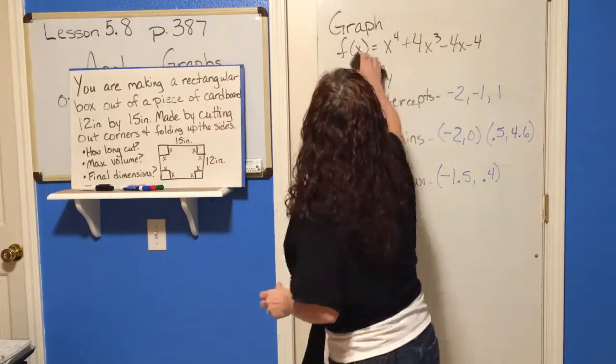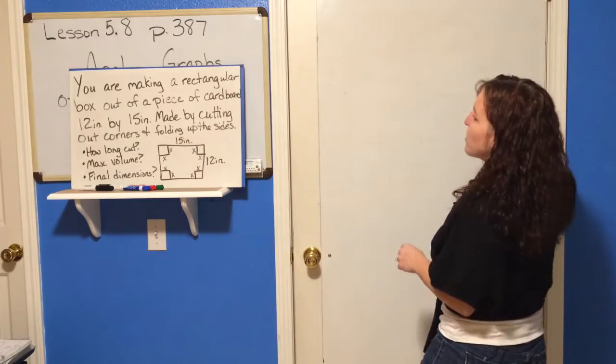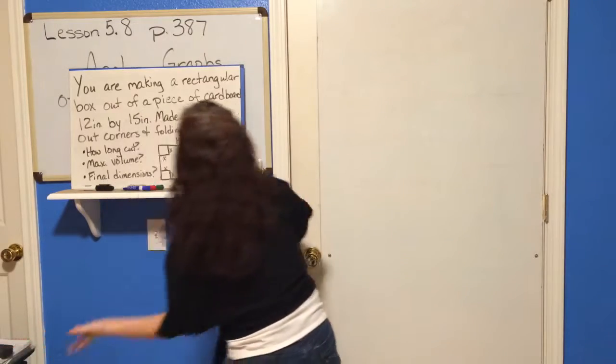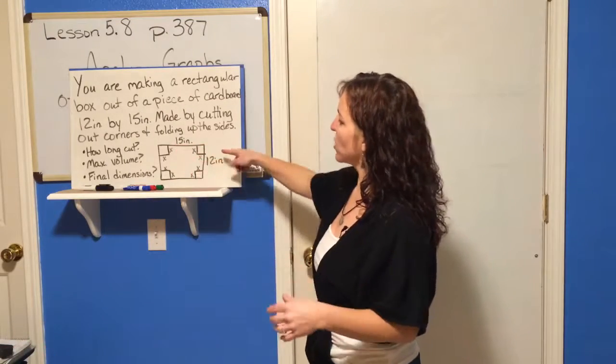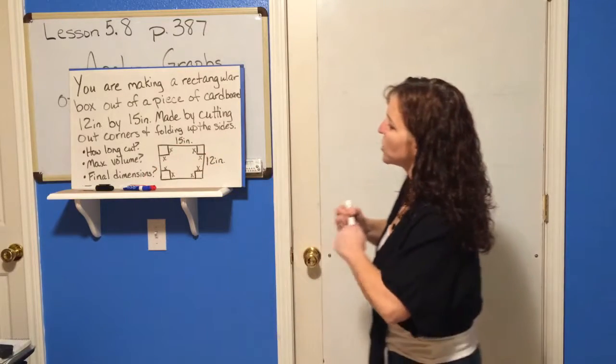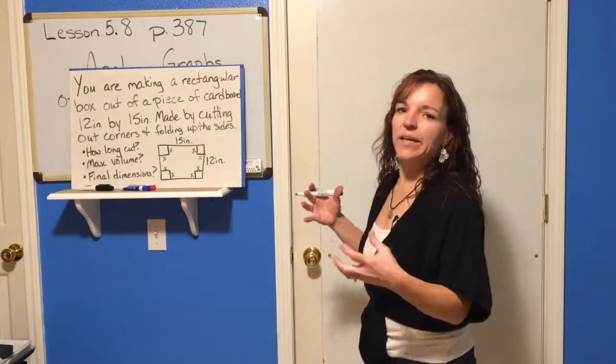So what this will look like then, the word problem, is you're making a rectangular box out of a piece of cardboard that's 12 by 15. You're going to cut out the corners and then fold up the sides. So you want to know how long to cut it, what's the maximum volume, and then what are the final dimensions. So what you're going to want is, once again, the volume.